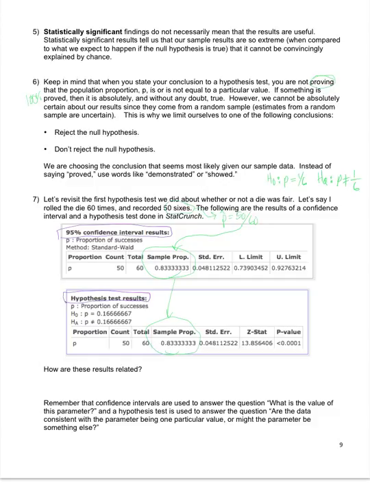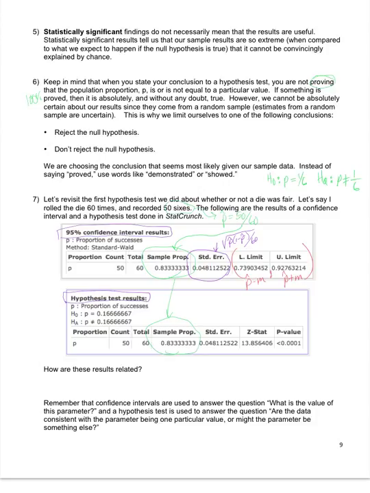Your confidence interval has a standard error calculated here. So that was calculated by doing the square root of p hat times 1 minus p hat over 60. So here's your standard error. And then your confidence interval, here's the lower limit and the upper limit. So this is p hat minus your margin of error, and this is p hat plus your margin of error.